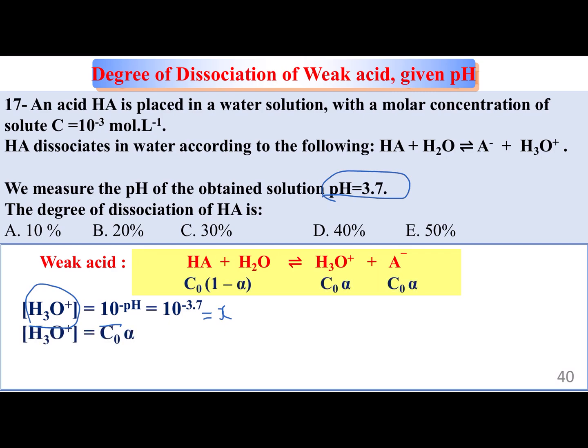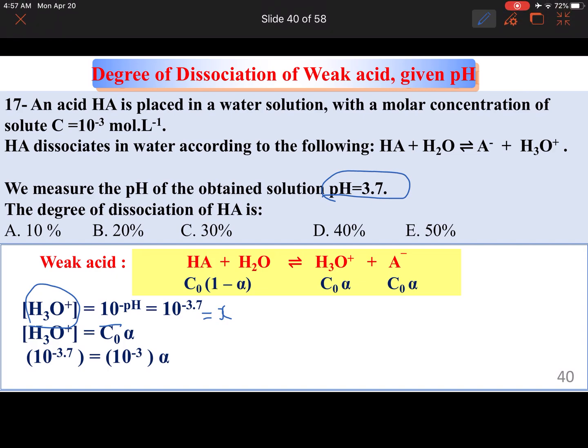And this x is simply C0 alpha, so I could also get alpha if I want to, okay? So x is the H3O+, C0 alpha. I have C0, I have the H3O+, so I could get alpha.